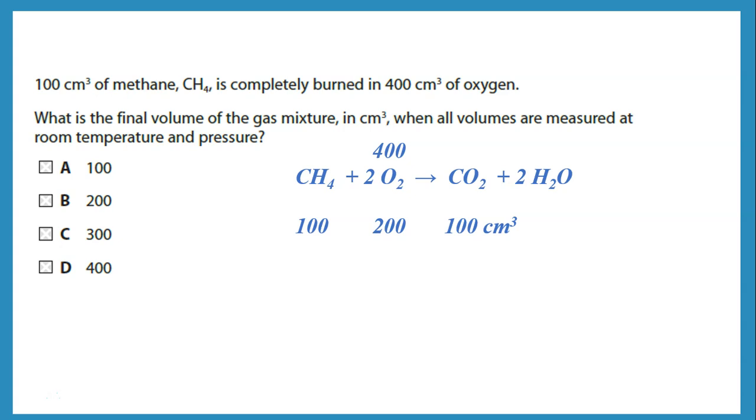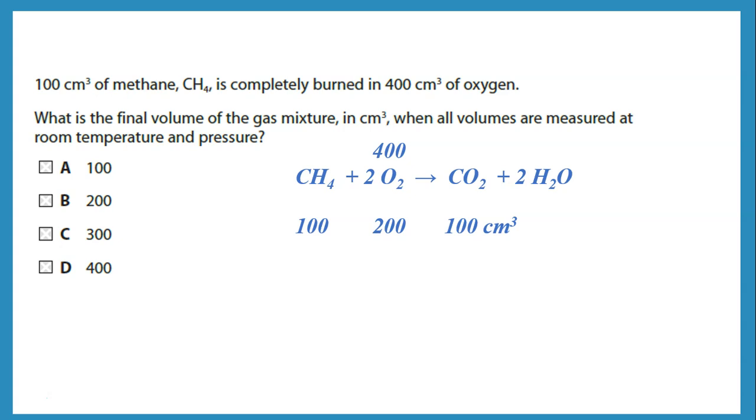Remember, we're not including water. Why aren't we including water? This is at room temperature and pressure. Water is not a gas at room temperature and pressure, so I cannot relate it to the volumes of gases that we're relating. That means the 100 centimeter cubed of methane, all of it will be used up.